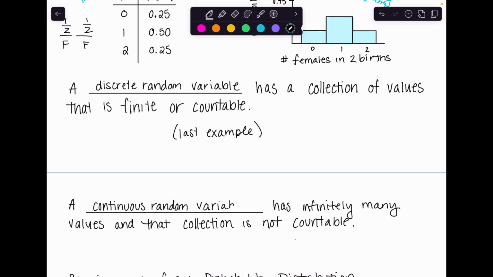So a continuous random variable has infinitely many values, and that collection is not countable. So this is something that can take on every single number between 0 and 1. So unfortunately, a lot of things are going to fall into this continuous random variable because it really depends on how precise you get your measurement down to.